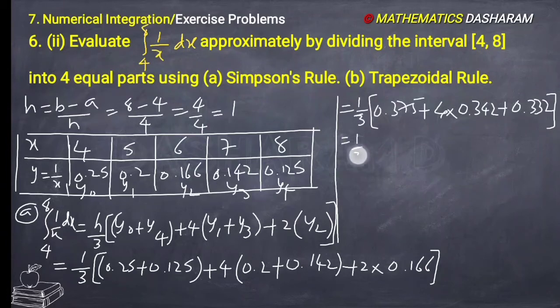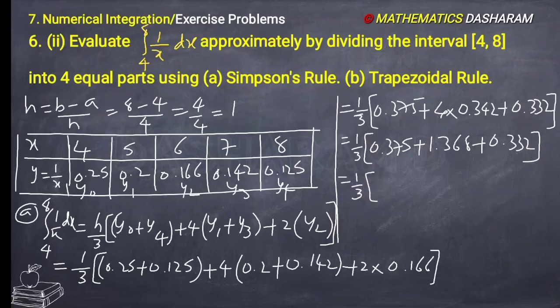So it is equal to 1 by 3 bracket of 0.375 plus 4 into 0.342 is 1.368, plus 0.332. The addition of these three decimal numbers is 2.075. So 2.075 by 3 is 0.691. This is our required answer.